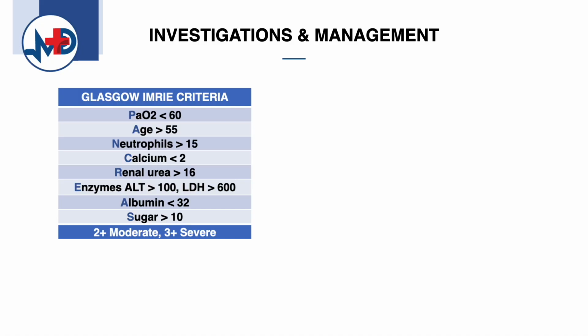As for lab investigations, we can order a full blood count, renal profile, liver function test, a random blood sugar, lactate dehydrogenase levels, as well as electrolytes. The values may suggest acute pancreatitis as seen in the Glasgow-Imrie criteria.